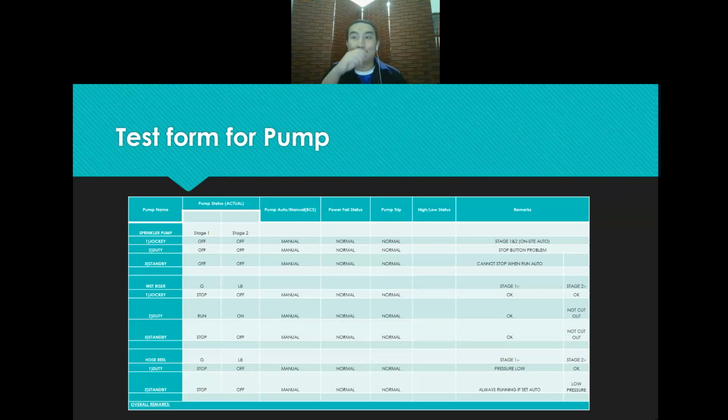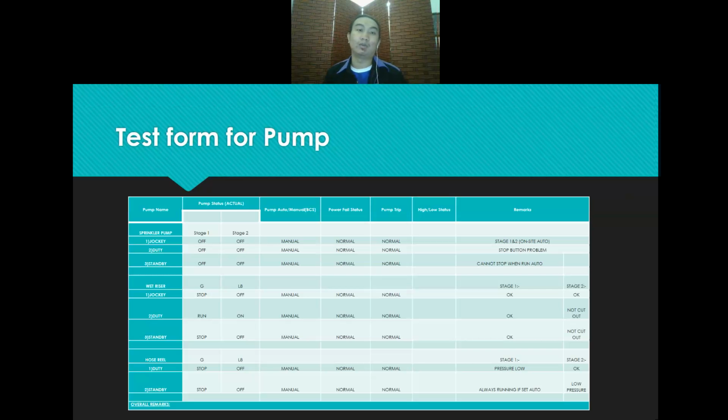This shows the test form for the pumps. There are 3 firefighting pumps: sprinkler pump, wet riser pump, and hose reel pump. This test form is to give a tally between the actual and the BCS.